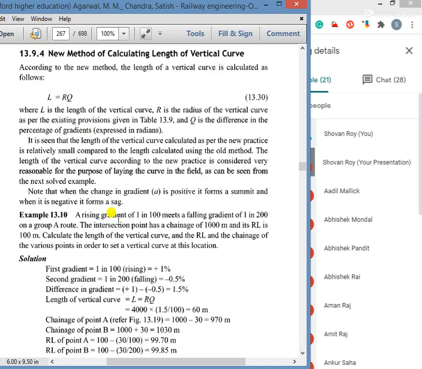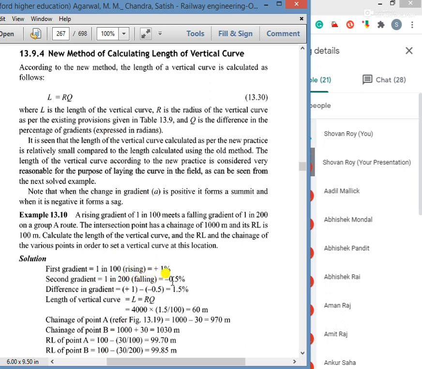So the first gradient is 1 in 100 rising. 1 by 100, that is 1%, and rising, that's why positive 1%. The second gradient, that is your falling gradient, 1 in 200 falling, that is 0.5% falling.